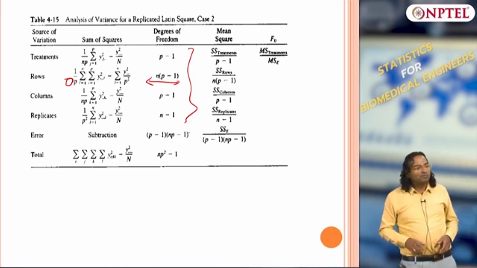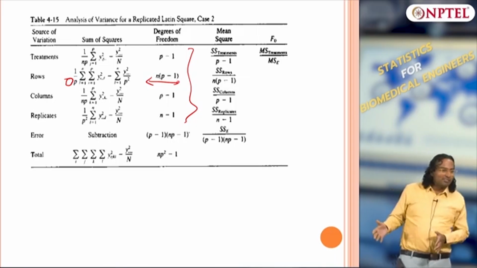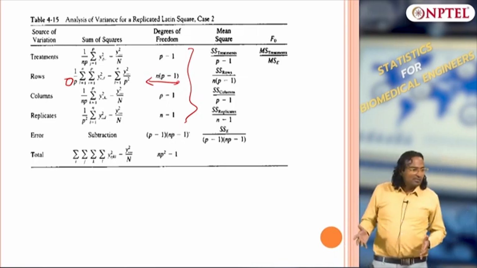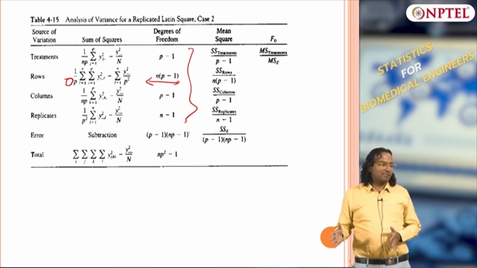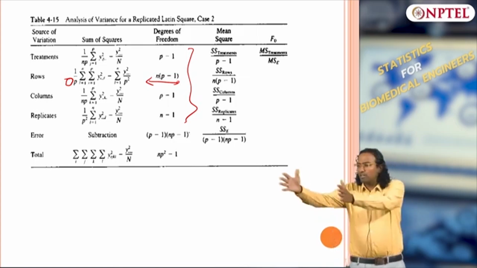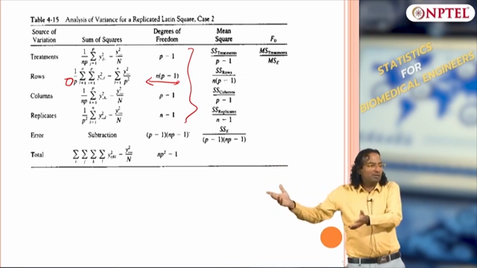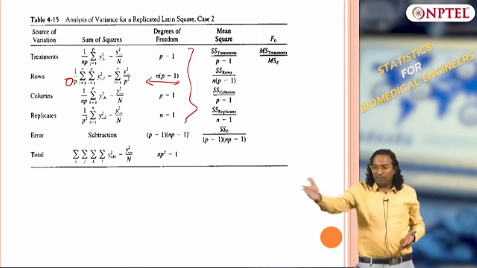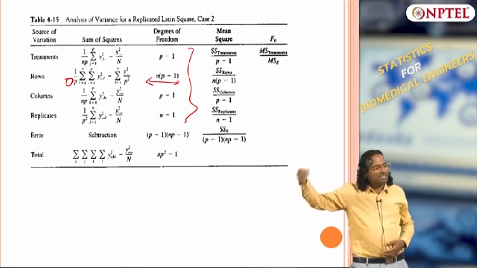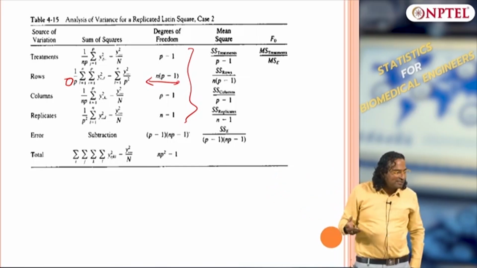What will you do? You cannot do anything about it, you have to replace them with a new person. Now you are not exactly replicating, right? I do a small human study with a small population, now they are not available, so I have to conduct it with a different sample. Although my treatment can be the dosage, everything can be the same, even the age group can be the same, but what has changed?